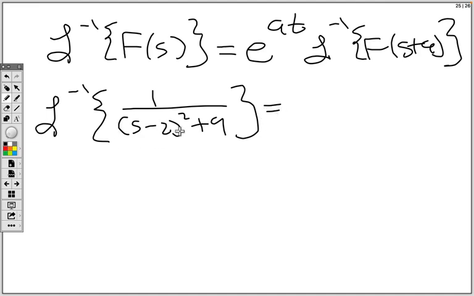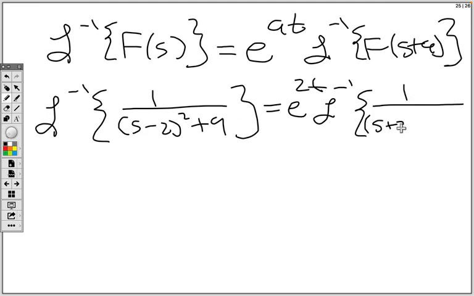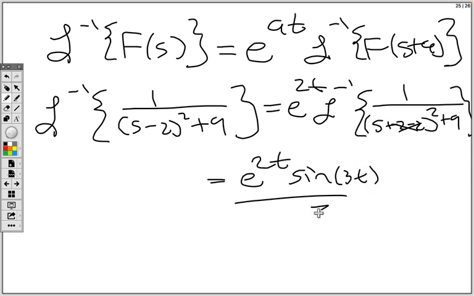You see that s minus 2 makes you think of a shift, so that would be e to the 2t inverse Laplace, and then I replace s with s plus 2. And so then it gets you back to the same place. It's an equivalent formula, right? Just depends on how you recognize it and how you see it.